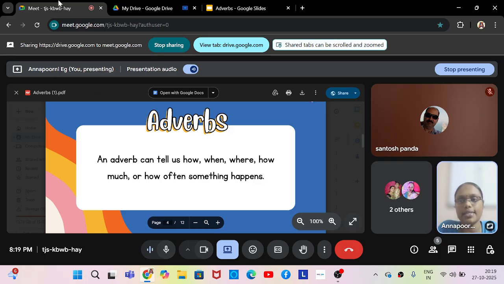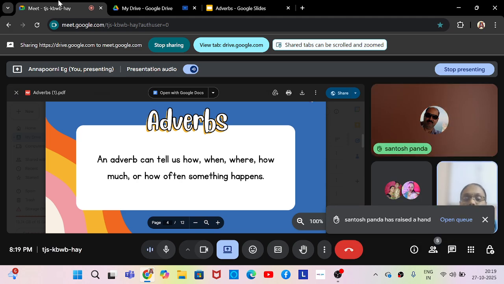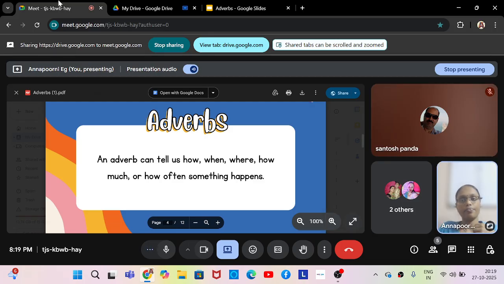So runs, that is the action or the verb. Now, some other word is describing this action. The man runs fast. Here I am describing the verb runs using an adverb. What is that adverb in the sentence? Fast. Yes, exactly, it's fast. So fast is the adverb and runs is the verb.